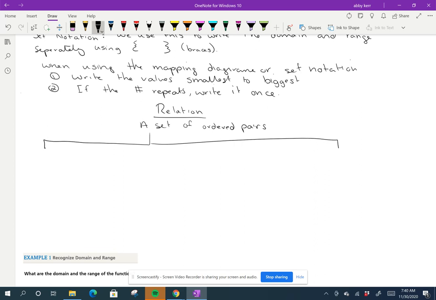So it can be not a function, which means a domain value maps to more than one y value.